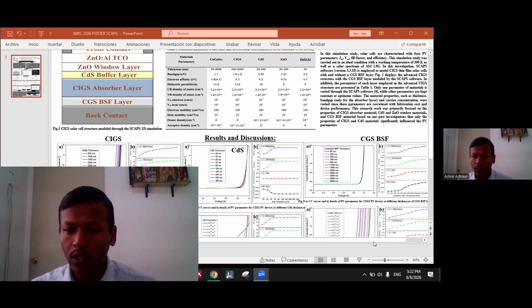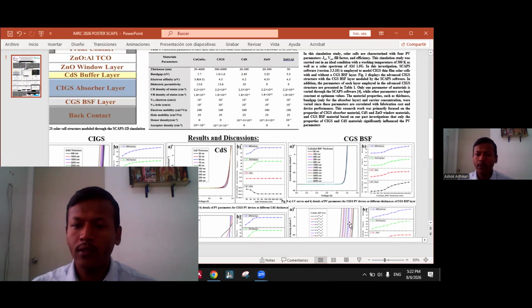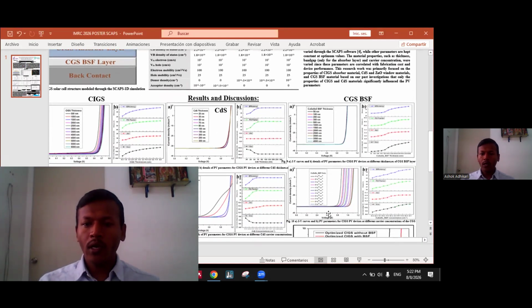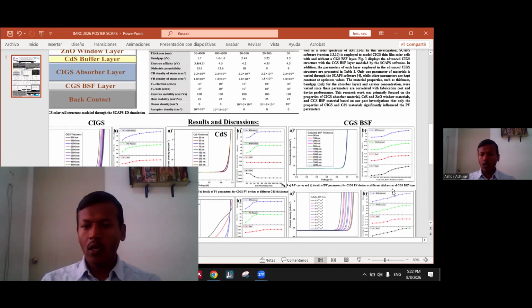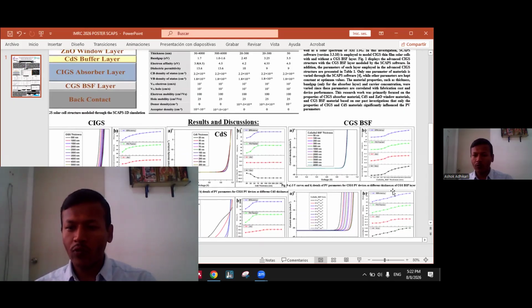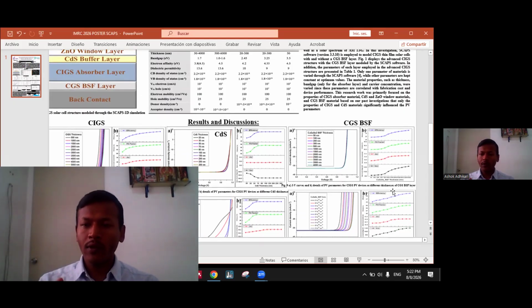From this, what we get is that the thickness should be lower, not that much lower, but around 400 to 500.